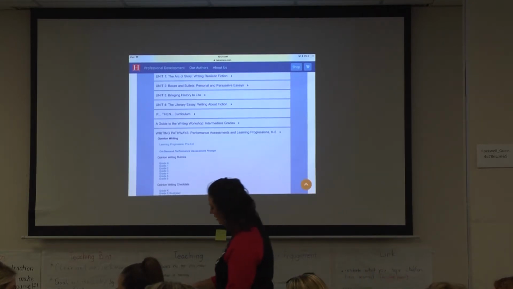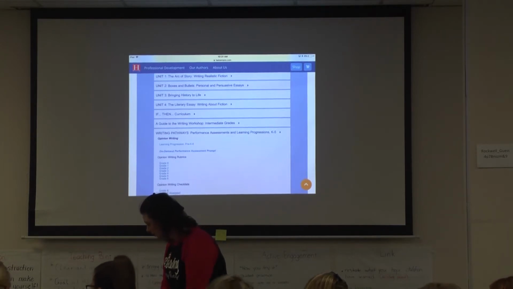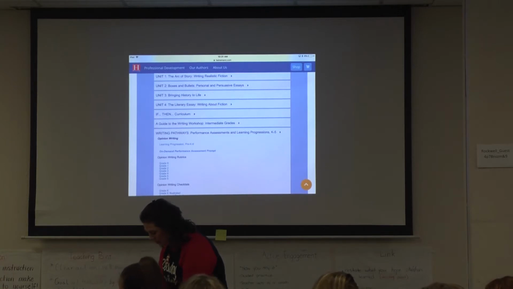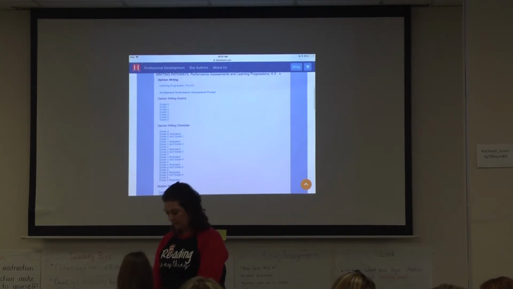Okay, so now let's go to page 128. You don't have to read it right now, but page 128 will give you the narrative prompt. Mark that and write narrative on here. Again, you see it's very brief.